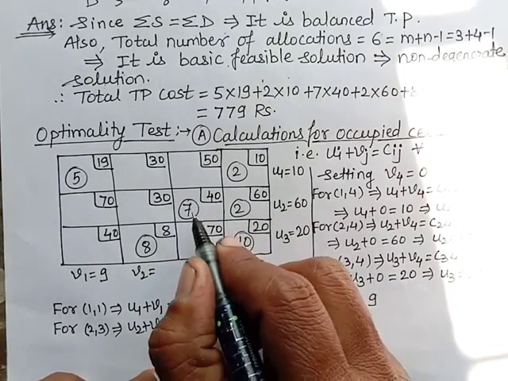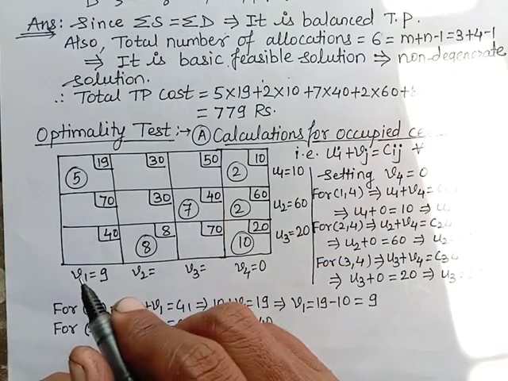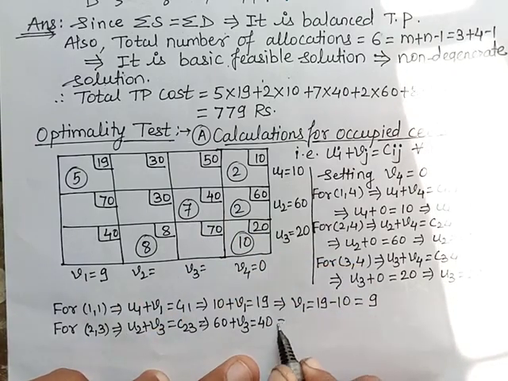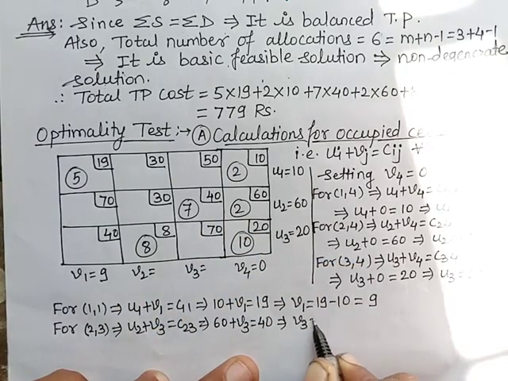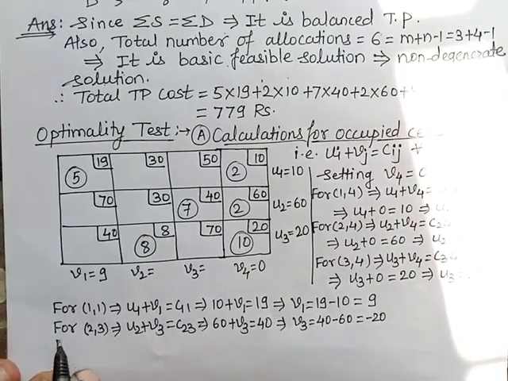Occupied cells are those having allocations, and those without allocation are unoccupied cells. So v3 is 40 minus 60, that is minus 20.